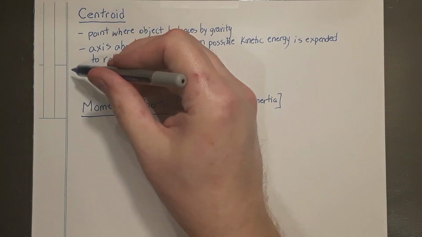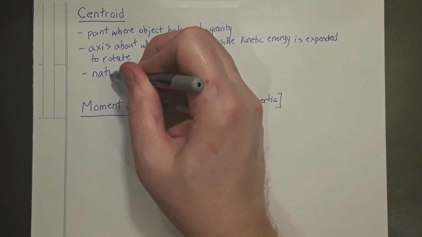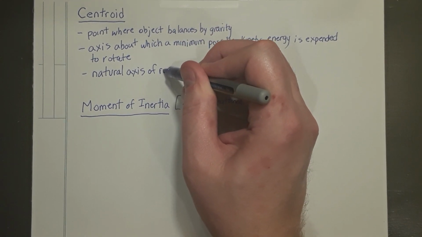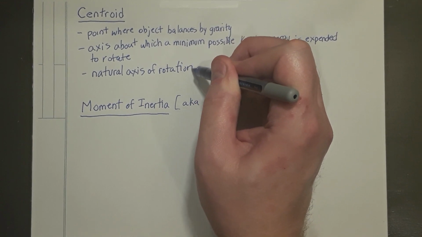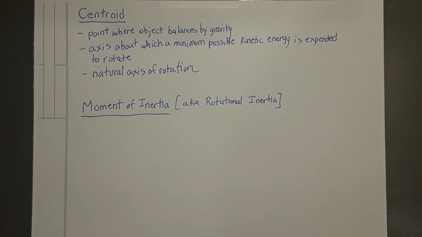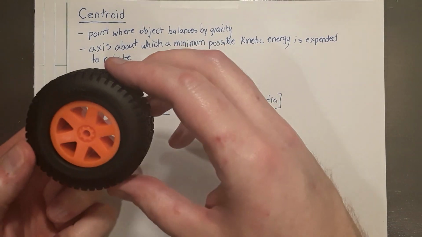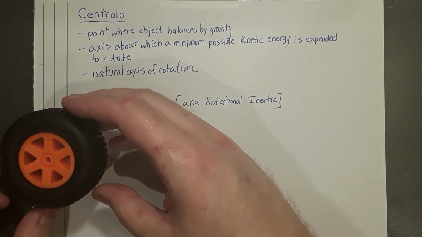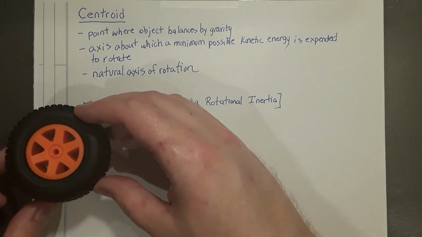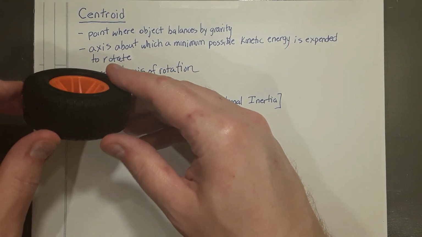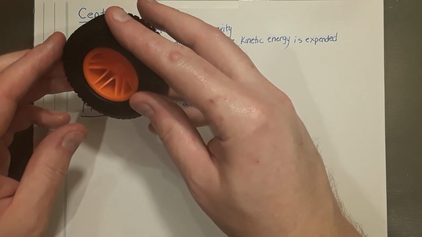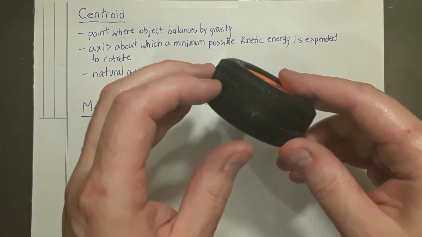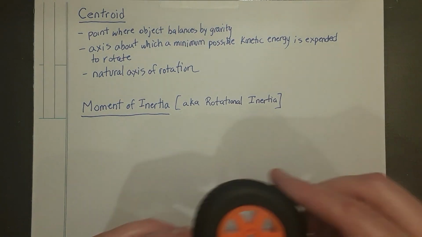Also, the centroid is the object's natural axis of rotation. Left to its own devices, this object, if it is thrown through the air, this wheel, as it is thrown through the air, will exhibit rotation and curvilinear motion as it moves.